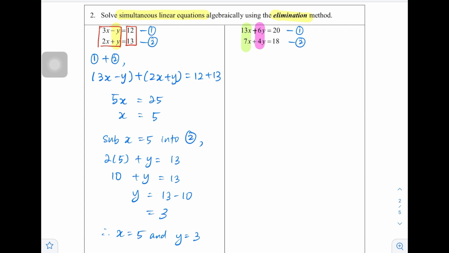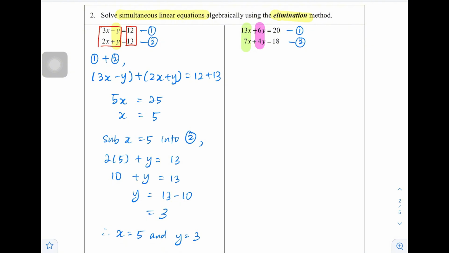In order to eliminate x or y, we would need to try to make the coefficients of x or y have the same numeric value. In this case, let's consider 6y and 4y. We can easily change them to 12y in order for the y values to have the same coefficient.